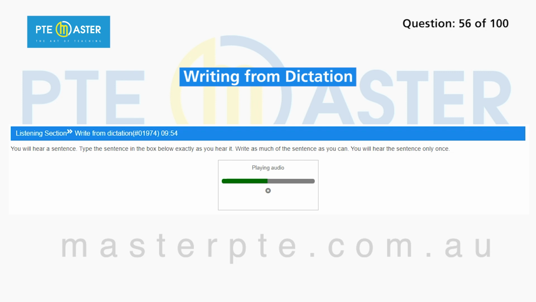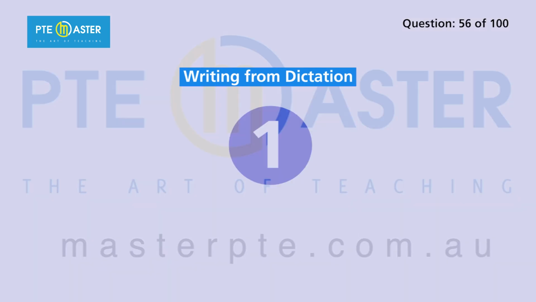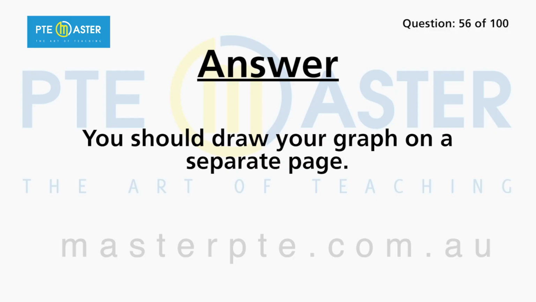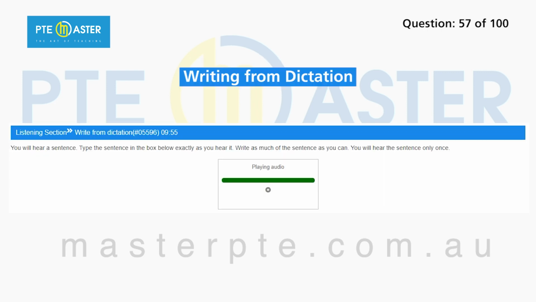You should draw your graph on a separate page. Libraries provide a lot of useful services for students.